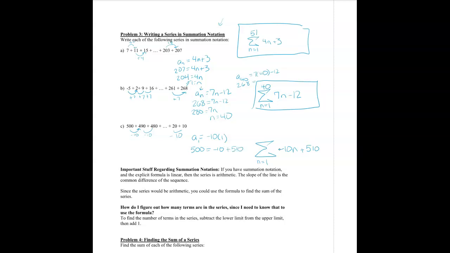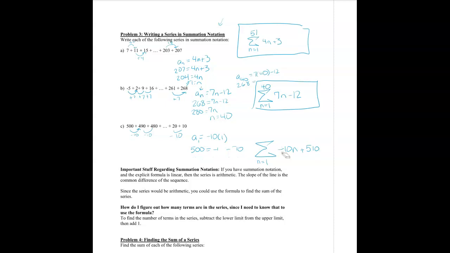And if you don't believe me, let's try a sub 3. A sub 3 should be 480, which is equal to -10 times 3 plus 510. -30 plus 510 gives me 480, so that explicit formula checks out.